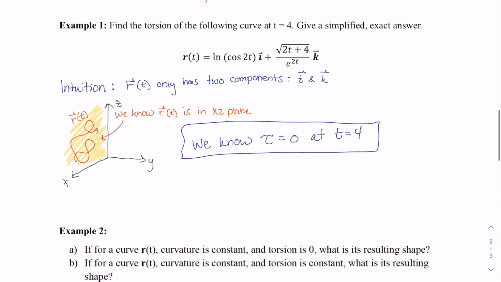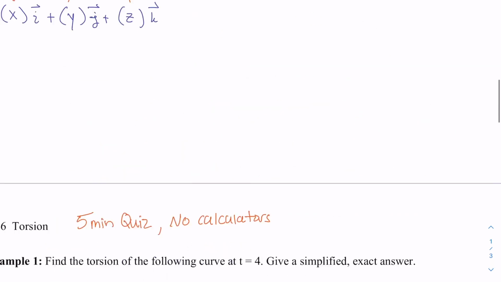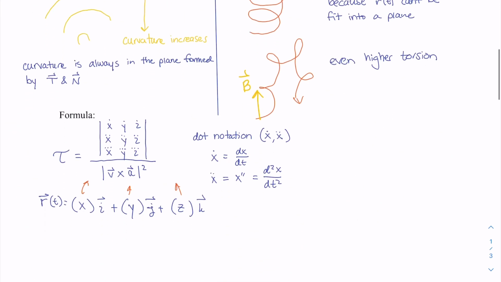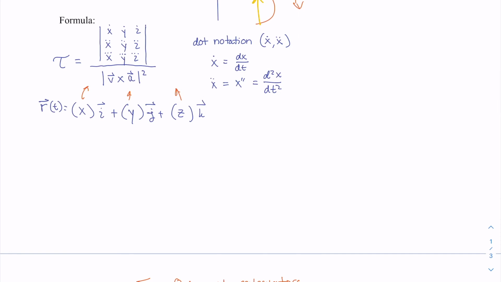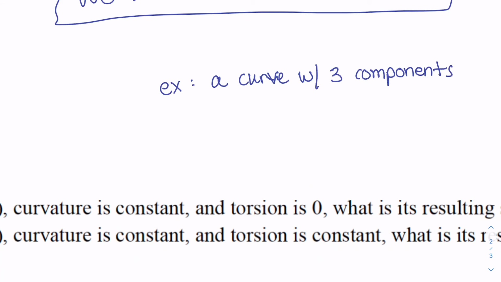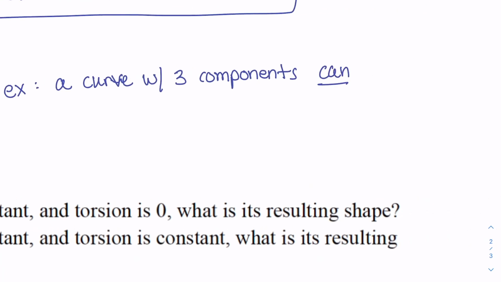And I know in both this example and the example up here, we drew curves lying in the coordinate planes, like the xy plane or the xz plane. But even if the curve had three components, it could still possibly live in a plane, right? Just for an example down here, a curve with three components can live in a plane.